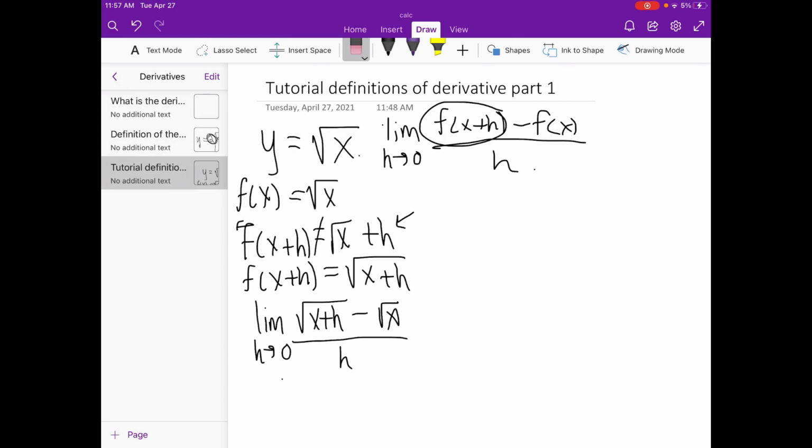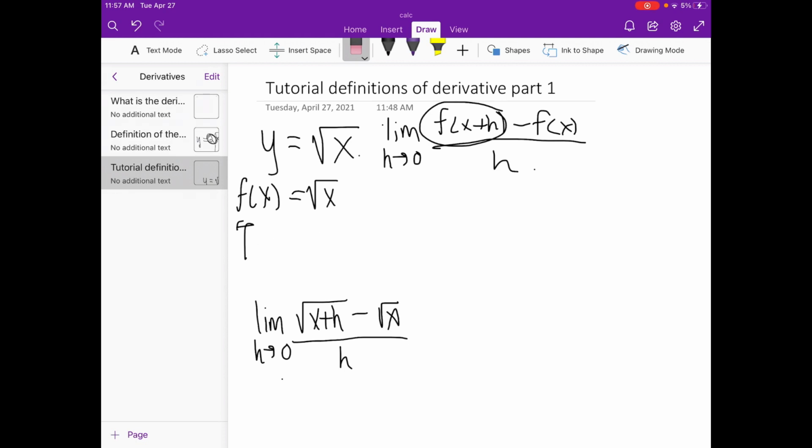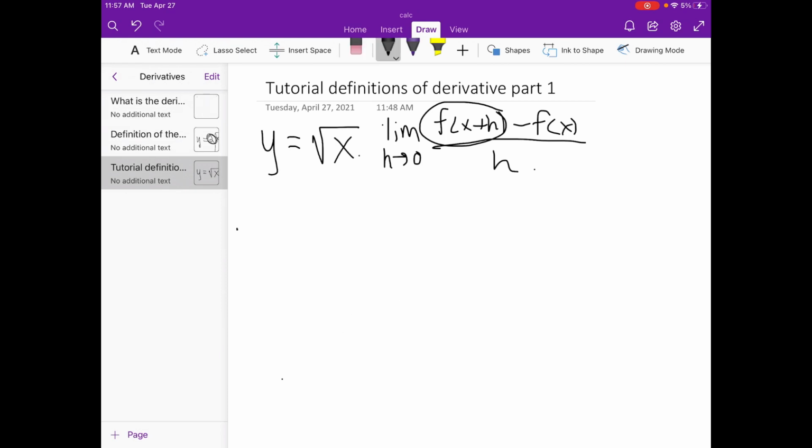Okay, now this is not as easy to evaluate as the other examples we've done previously. But how do we evaluate this limit? So notice something cool here. We can multiply by the conjugate. Let's see what happens. Actually, let's erase this, move it upwards.